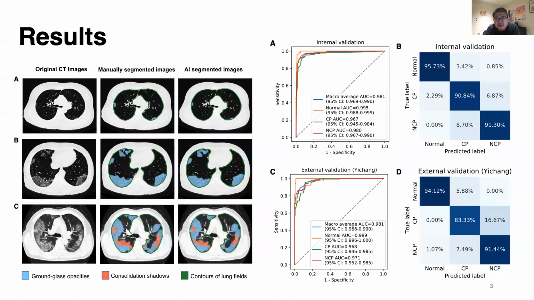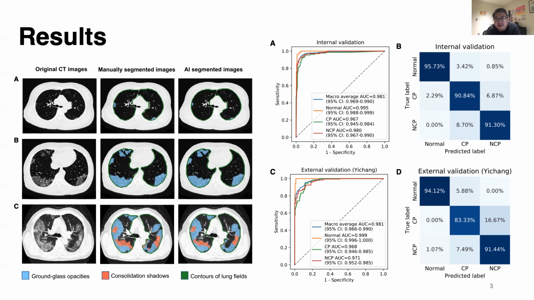For the images, the left column are the original CT slices from three COVID-19 patients. The middle column are the manually segmented CT slices, and the right column is AI-based automated segmented CT slices. Row A is a CT slice with mild COVID-19 lesions, defined as small ground glass opacities of bilateral lung involvement.